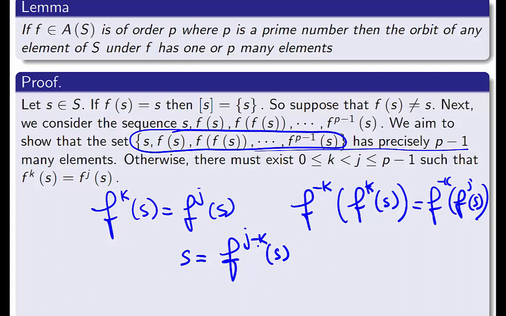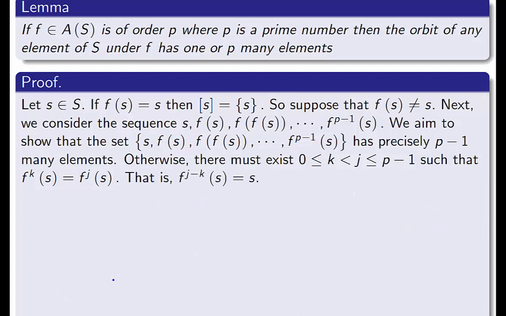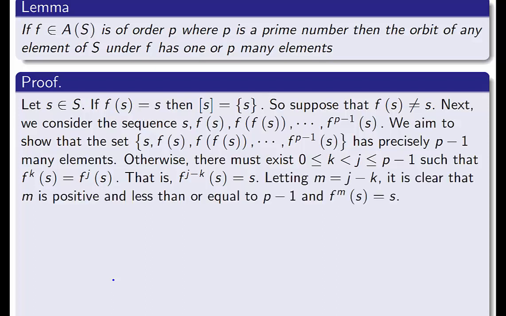But keep in mind that j is greater than k, so j minus k will be a strictly positive number. Okay, so we can write s again as f^(j−k) of s, and letting m be j minus k, m is positive and m has to be less than p minus 1 by construction, and on top of that f^m of s is s.